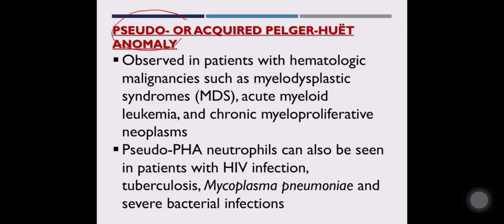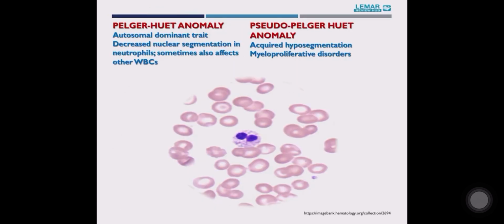Now, this can be seen in myeloproliferative disorder, for example, yung mga patient with CML, or pseudo Pelger-Huët anomaly in patient with HIV infection, TB, Mycoplasma pneumoniae, and severe bacterial infection. Ito po sa plate, meron po tayong nakita na hyposegmented neutro.